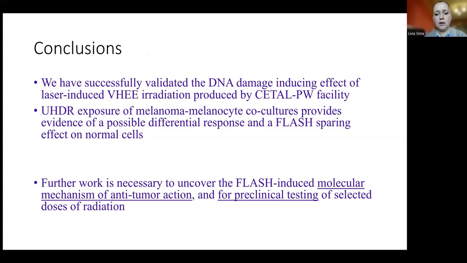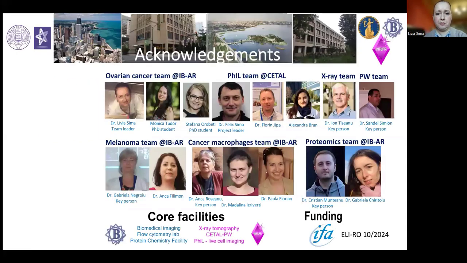And also, there is further work to do for preclinical testing of selected doses of radiation that could be translated to clinical application. And we now have a larger team and a new funded project that aims to characterize the effect of flash radiation in the tumor microenvironment.